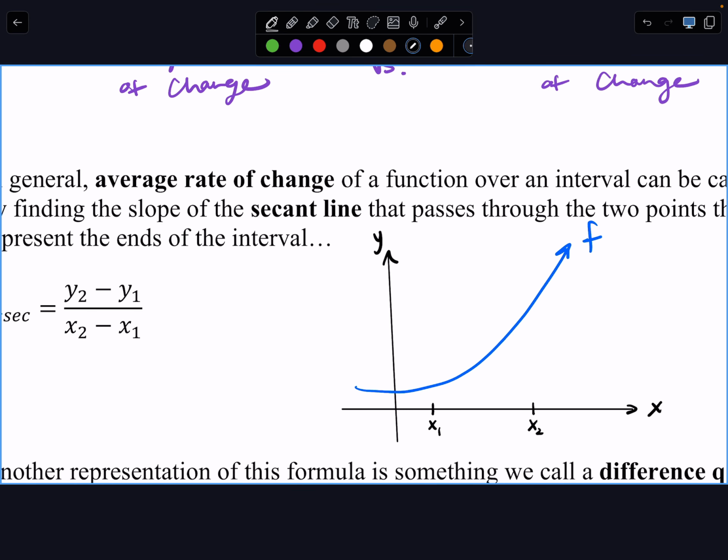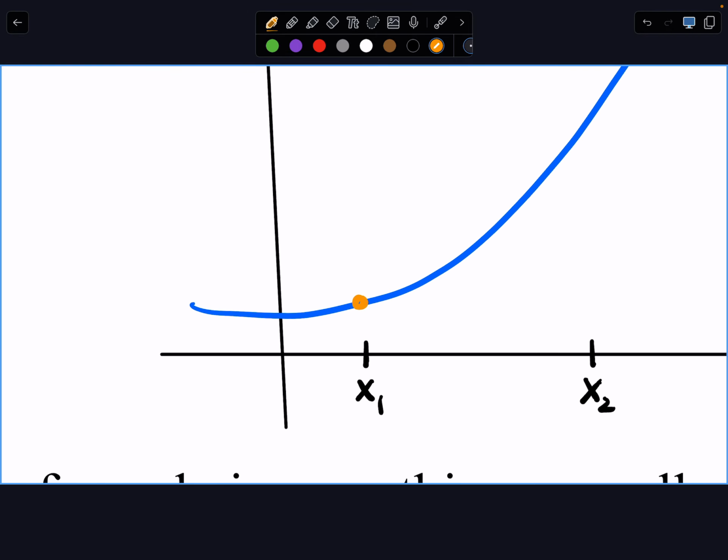You could use a and b. I'm just going with the notation that I have here for slope of a secant line, meaning this point can be described as x sub 1 comma y sub 1, or with function notation, x sub 1 comma f of x sub 1.